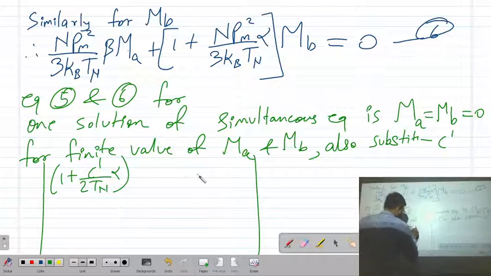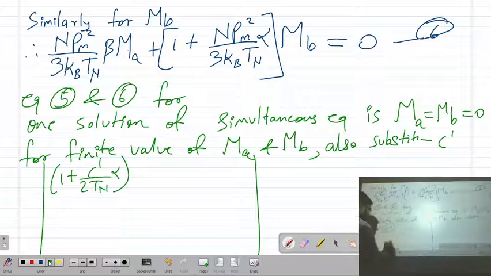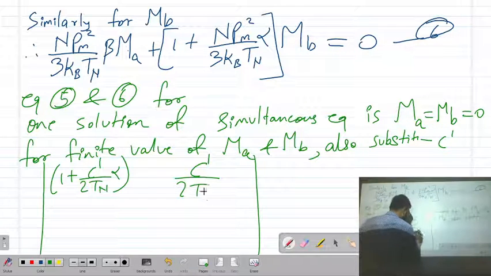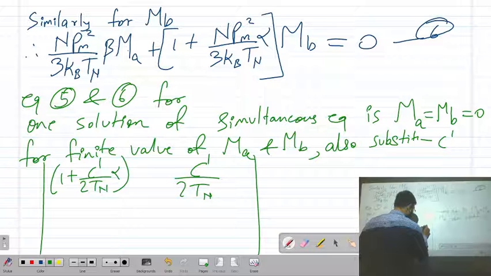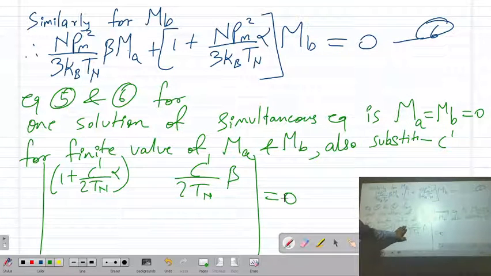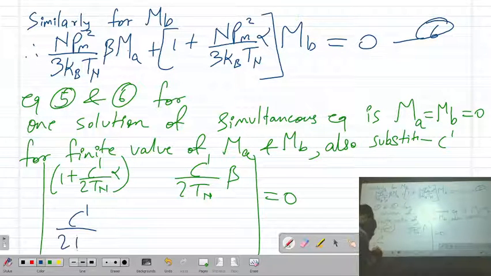Now this will be C dash by 2 T of N beta equals 0. This is from equation number 5. Now I will have the equation from equation number 6, that is C dash by 2 T of N beta as the first term.